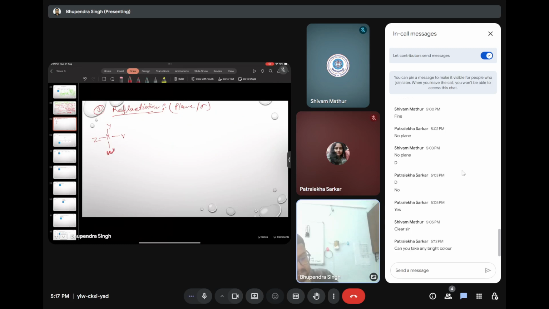I'm saying that it is a hypothetical planar molecule. And this is your x, y, and z axis coordinates.